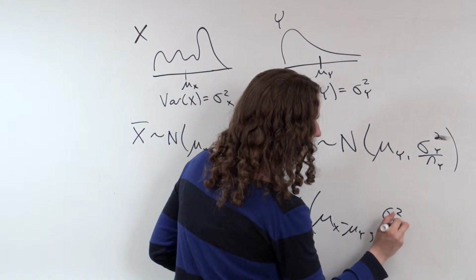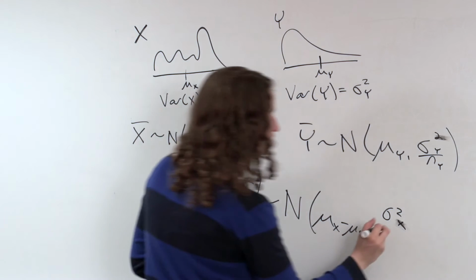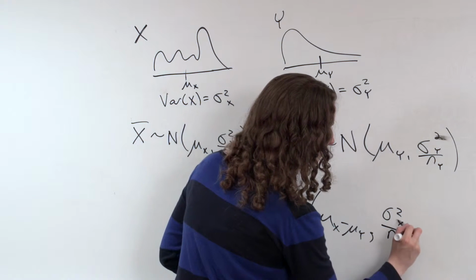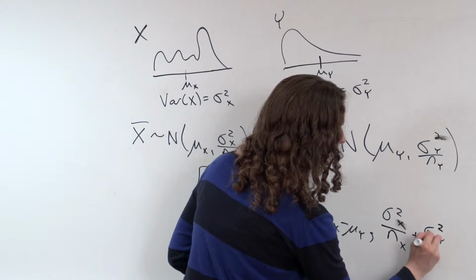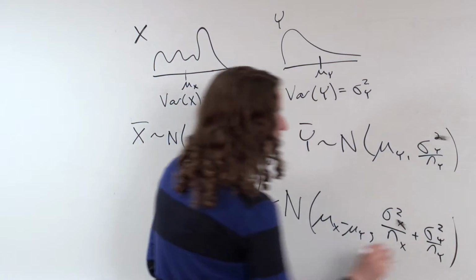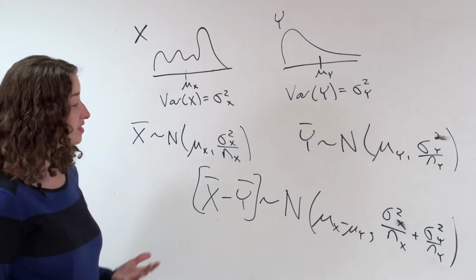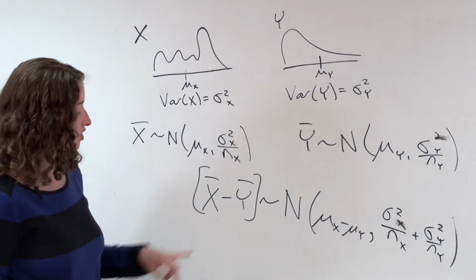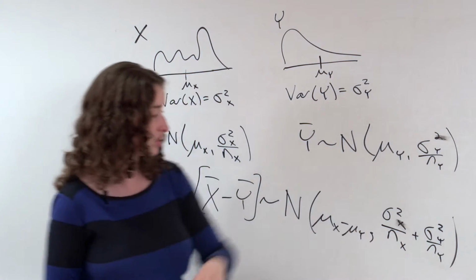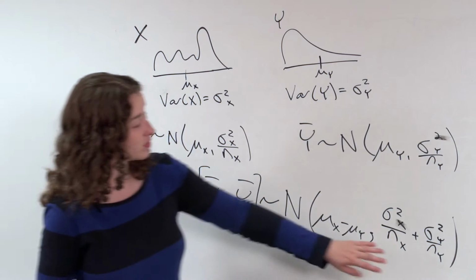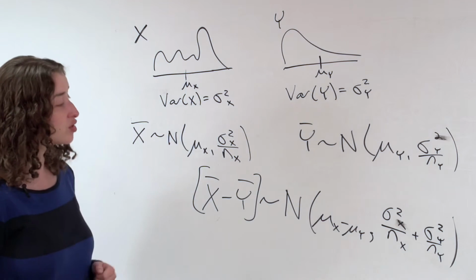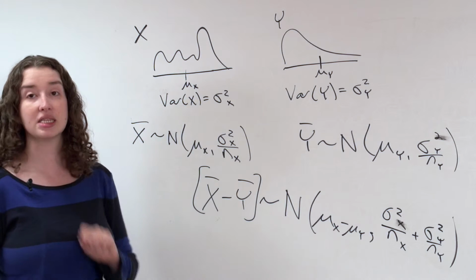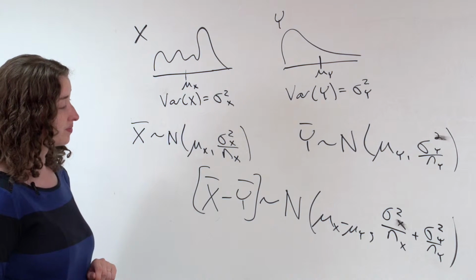So it turns out that the variance of x bar minus y bar is equal to the sum of the two original variances. The reason it's the sum and not the difference intuitively is that if I subtract two uncertain quantities, overall I should have more uncertainty. And the other thing to know is the reason I can just add these and not have some other term here is because I'm assuming independence. I'm assuming these are not correlated.